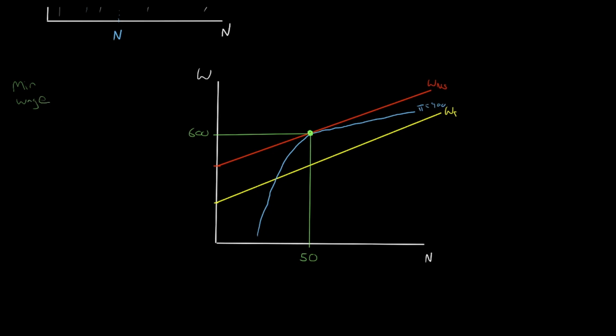Well, what ends up happening as that takes place? Well, the minimum wage has a few different scenarios. We could set a minimum wage that is below the current wage. So set a minimum wage that's below the current 600, or set one that is above that current wage. So we set a minimum wage at 700. So let's look at each of those scenarios.